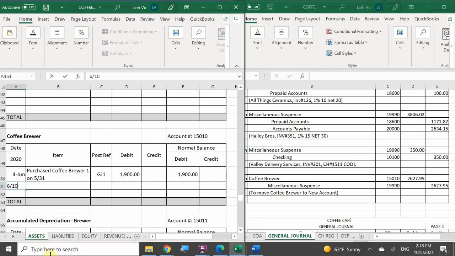Today's the 6th, or 6/10. And now I have coffee brewer number 2. Oh, we have another one? Yeah, because when we first bought the business, we had business one.